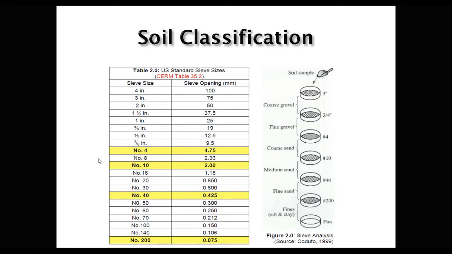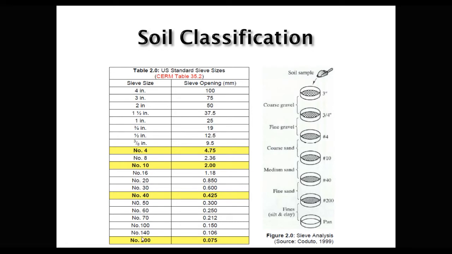Out of all these sieve sizes here, I would say that you should memorize these 4 sieve sizes: number 4, number 10, number 40, and number 200. As I said, number 4 is 4.75 millimeters. Number 10 is 2 millimeters, number 40 is 0.425, and then number 200 is 0.075. And among these four, this number 200 here is by far the most important sieve size, because this is what differentiates between the coarse grain soil and the fine grain soil.